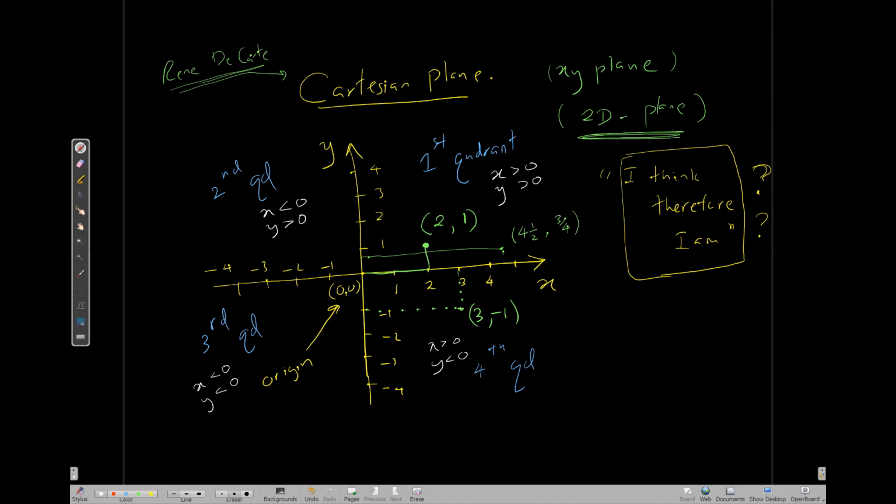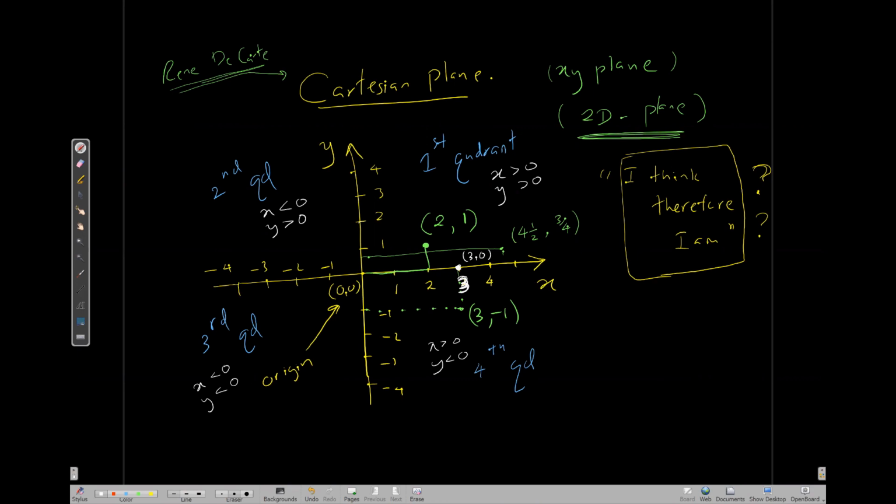Now, in addition to that, there are points on these two lines. For example, this point right here, even though we wrote 3 here, the proper way of writing the position is 3, 0, because you go 3 units to right and you don't go up or down, right?